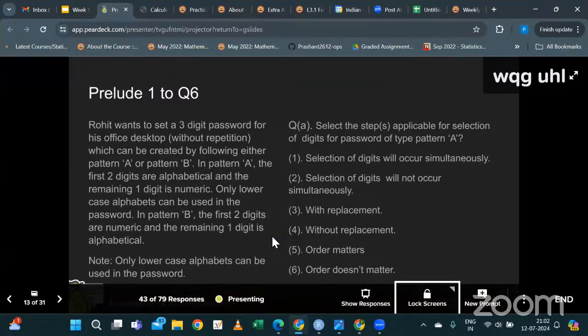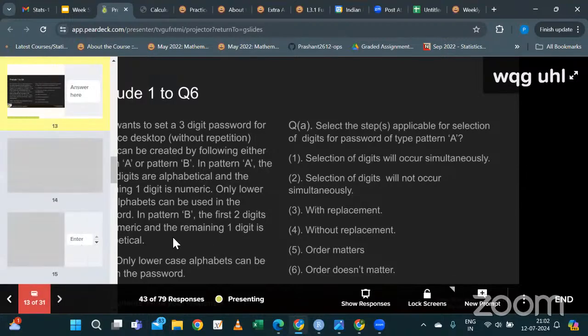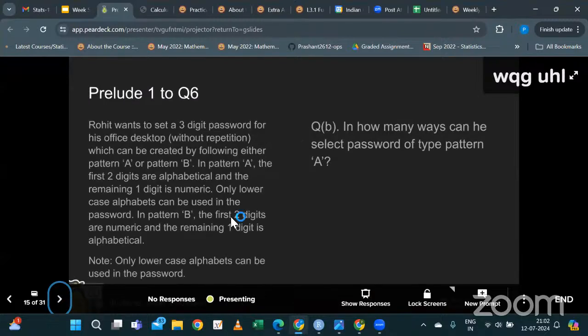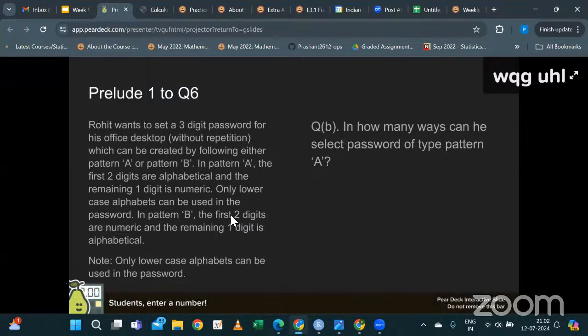Now, if order matters, just keep this in mind. You can see here 1, 4, 5 are correct. Now, in how many ways can he select the password of type pattern A? First of all, tell me whether you will use permutation or combination.